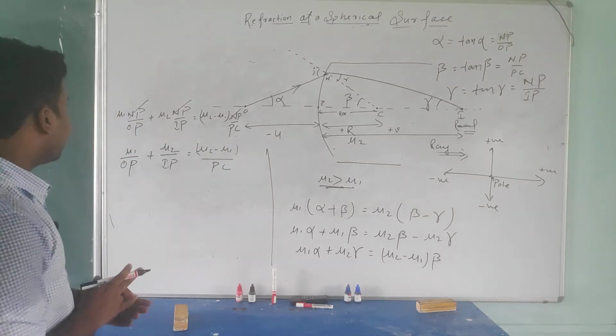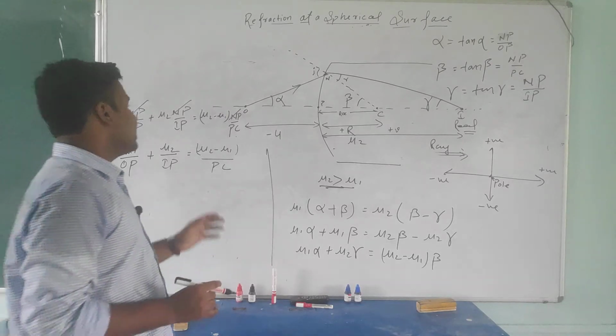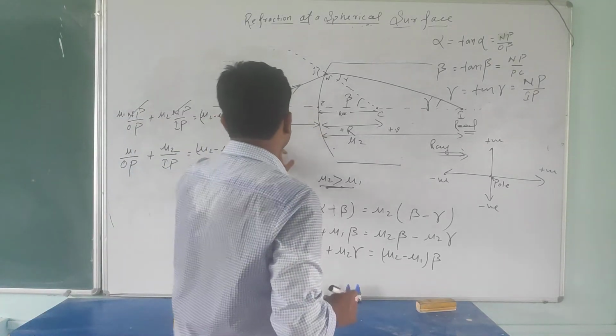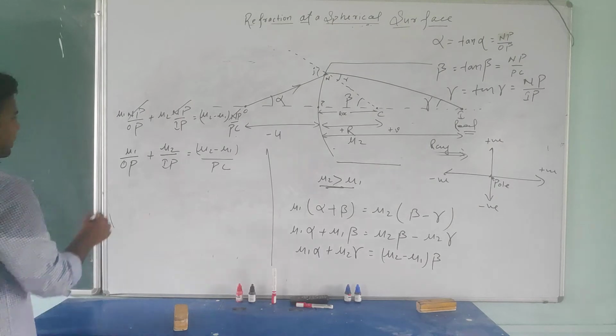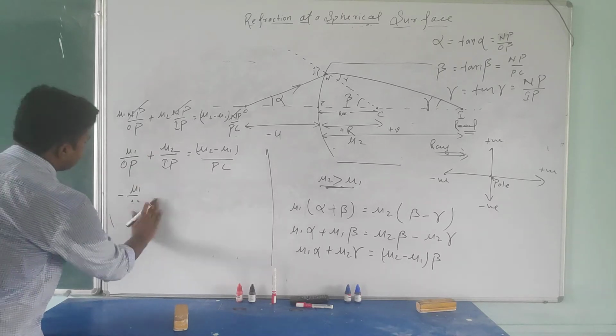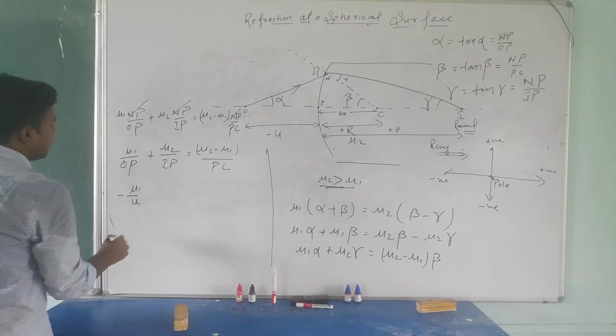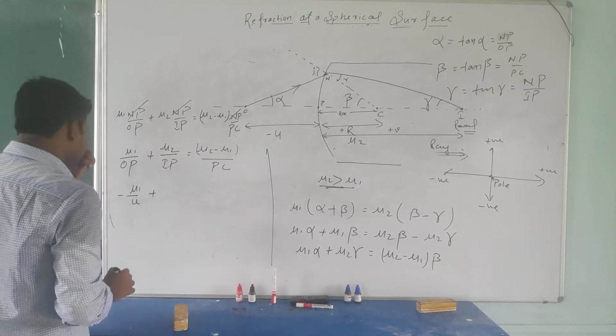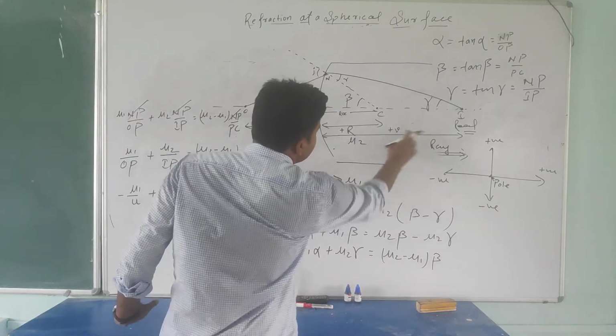Now we'll put the value of OP, IP, PC. OP is what student? Minus u. So here you will put mu1 divided by minus u. IP is what student? v.